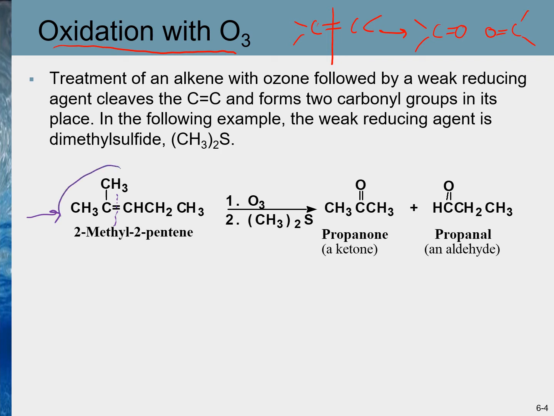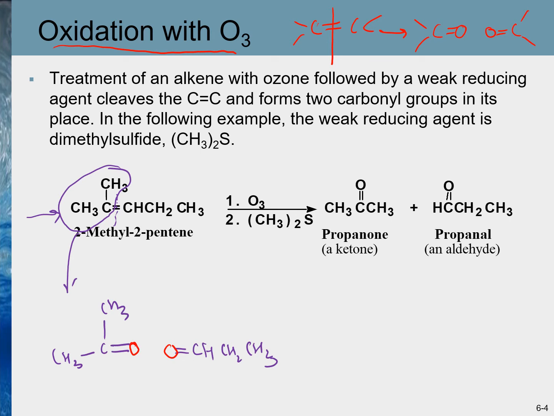So this section, I'm going to write it here. And the remaining section, let me write it here, after the cleavage. And instead of the carbon-carbon double bond, the ozone adds oxygen, hence it gives rise to a carbonyl group.